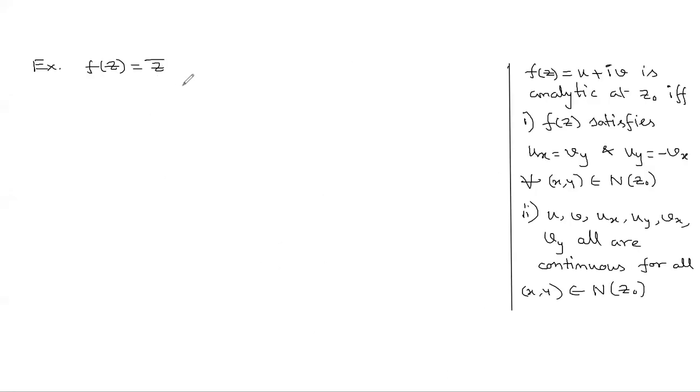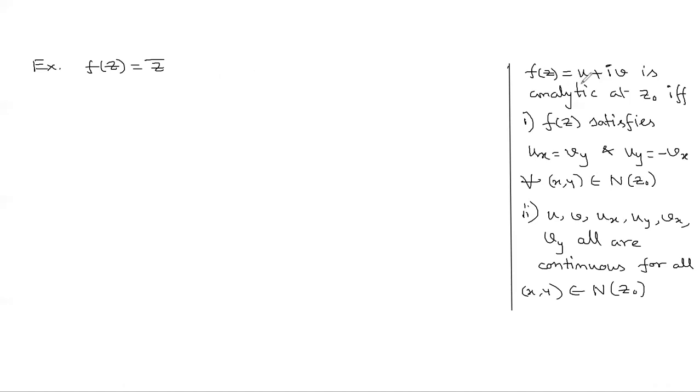For this function, we'll determine what are the regular points and the singular points. Now, according to the definition of regular point, a point z0 is a regular point of the function f(z) if the function f(z) is analytic at the point z0.